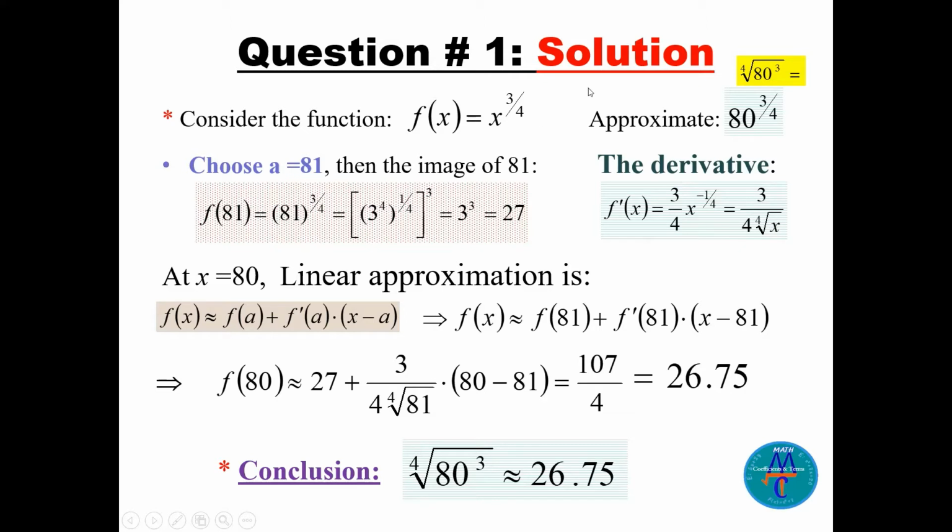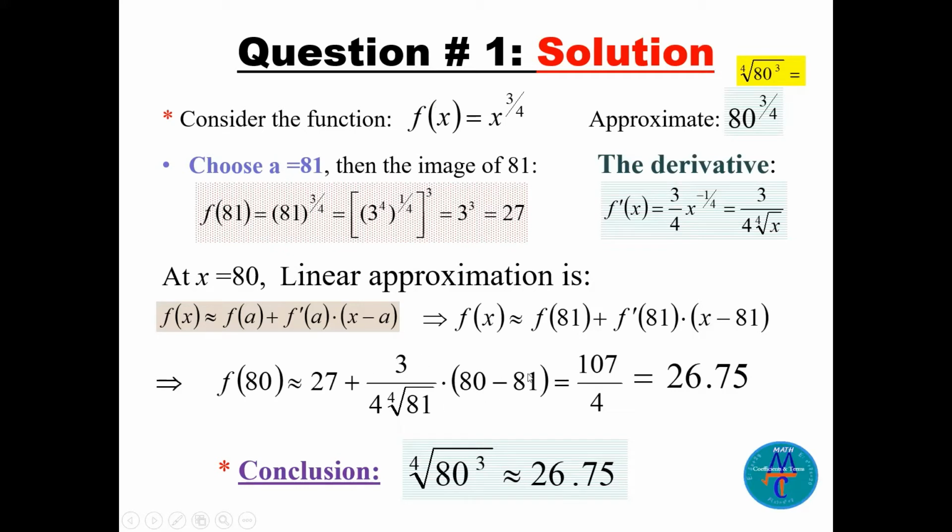Now x is 80, and 81 is very close to 80. So f of 80 will be f of a, so f of 81, which we have found already, 27, plus f prime of 81. So I can replace 81 in the derivative, 3 divided by 4 times the 4th root of 81, times x minus a, so 80 minus 81.